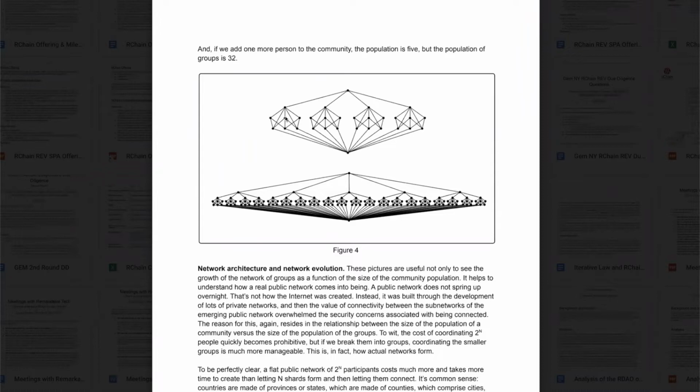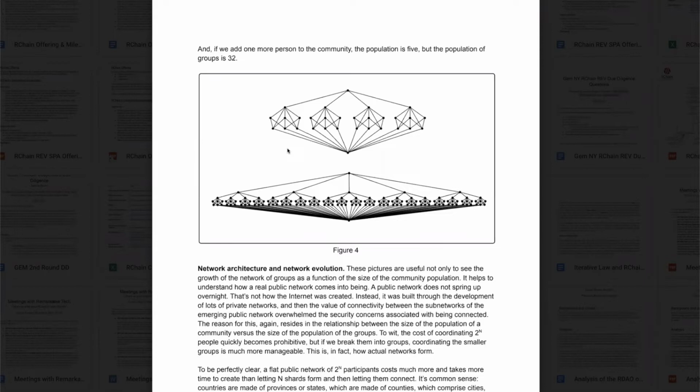And so in general, what we'll see, and this is borne out by the data, is that where you have a balance between overlap and autonomy, that's when you start to get actual cross subnetwork communication.